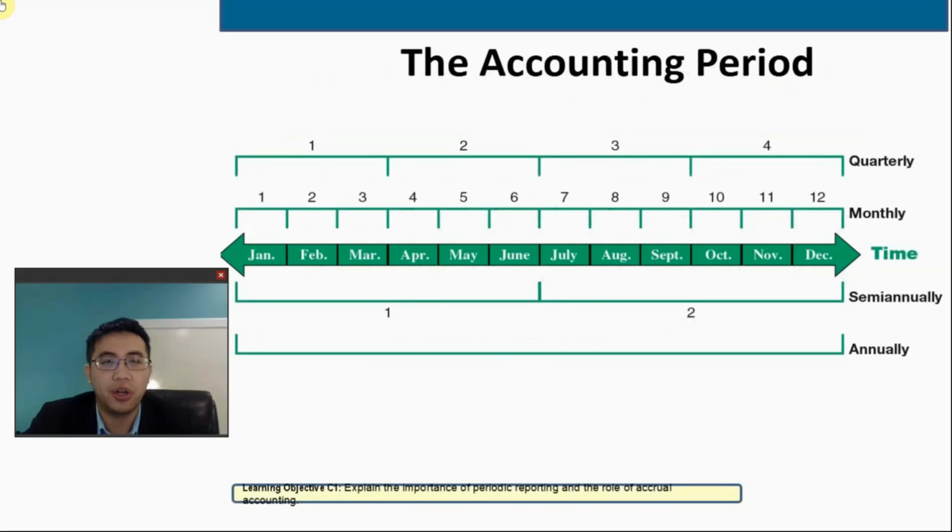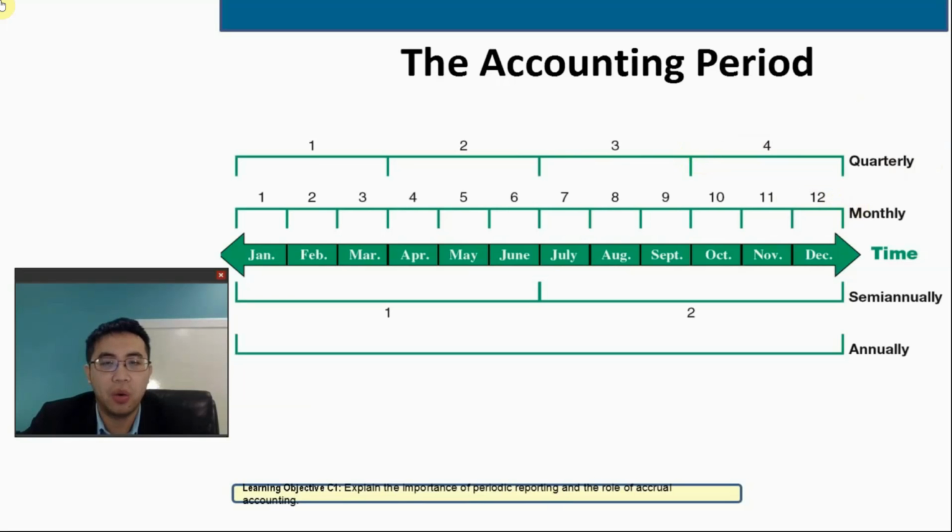If you look at this chart, you will see the accounting period could be recorded as a number of years or a number of months. So the transaction or the reports could occur on a quarterly basis or a monthly basis. Let's say you need to produce your quarterly financial reports every 3 months, and you need to pay your rent every month.